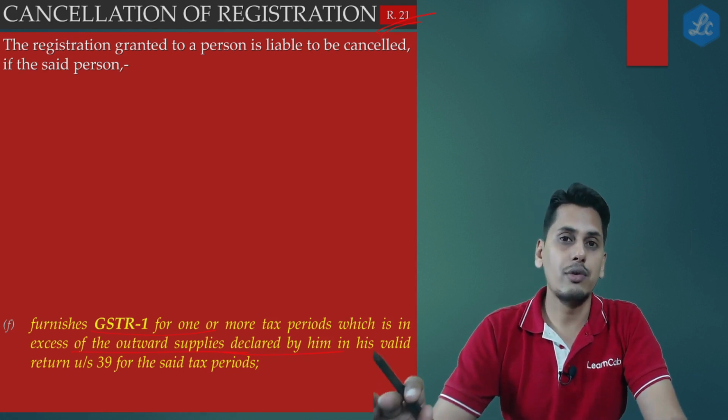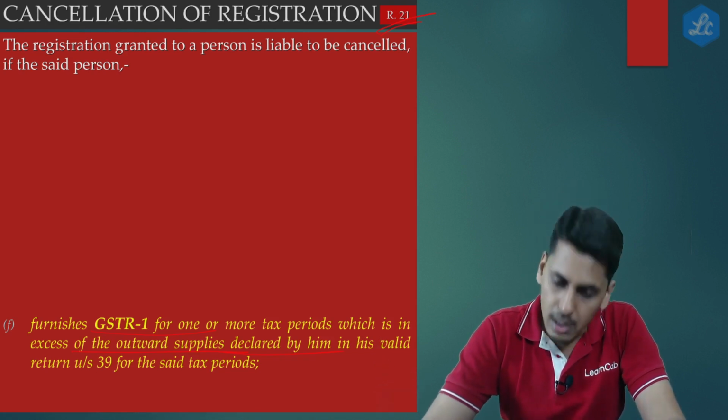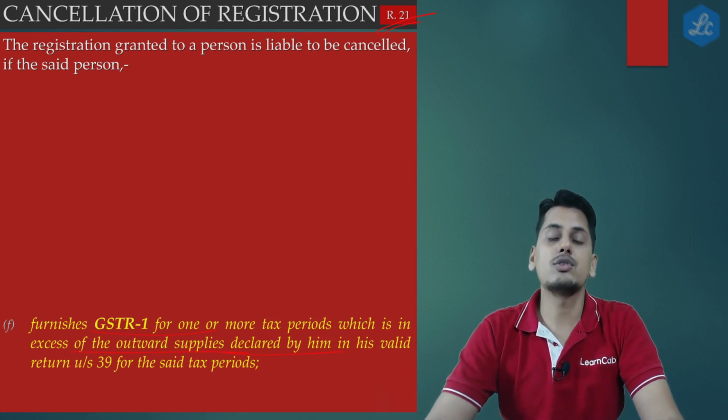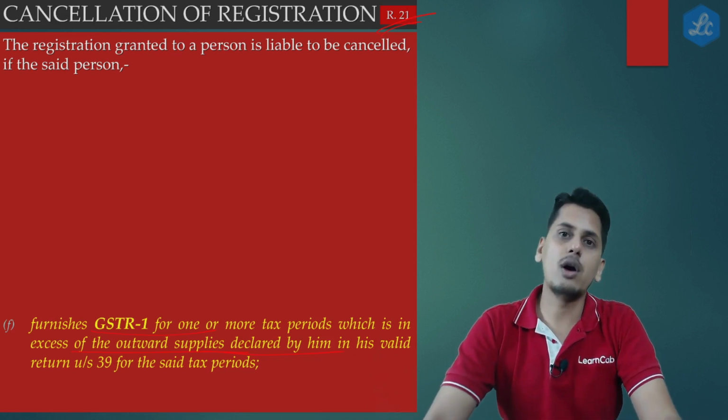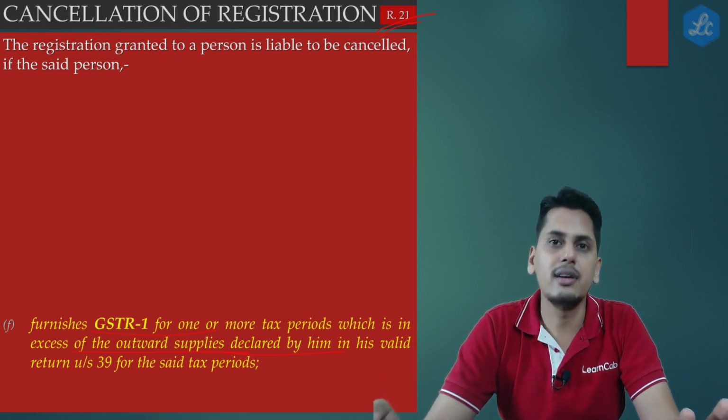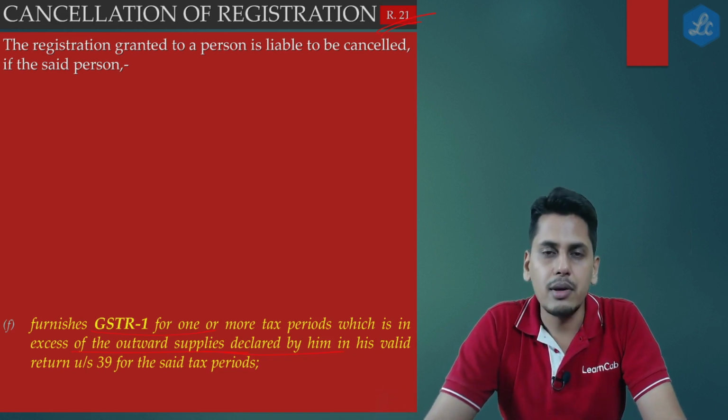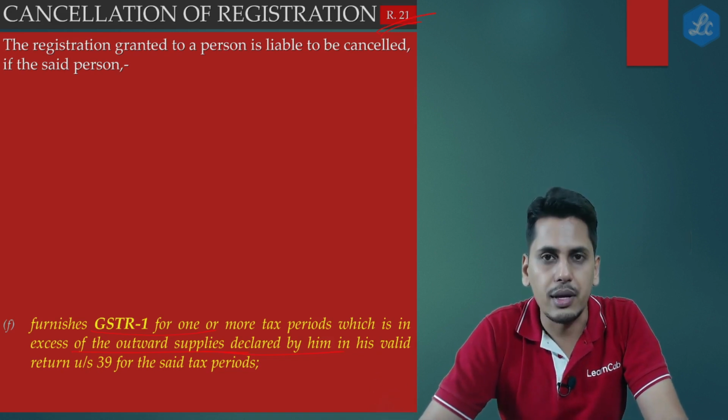So friends, Rule 59 forces you to file GSTR 3B. Rule 21 forces you to file GSTR 3B correctly. Ultimately, what the government wants is you file your 3B within time, give us the revenue within time. Please be peaceful and happy.